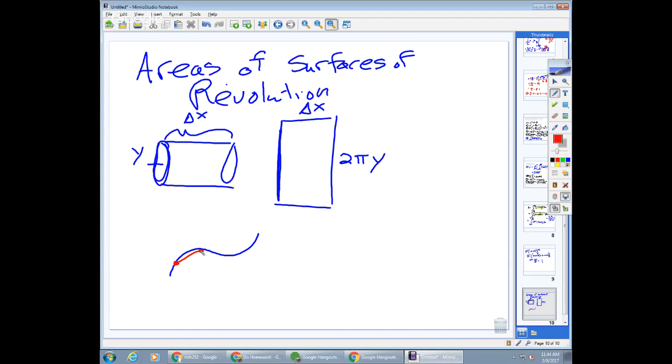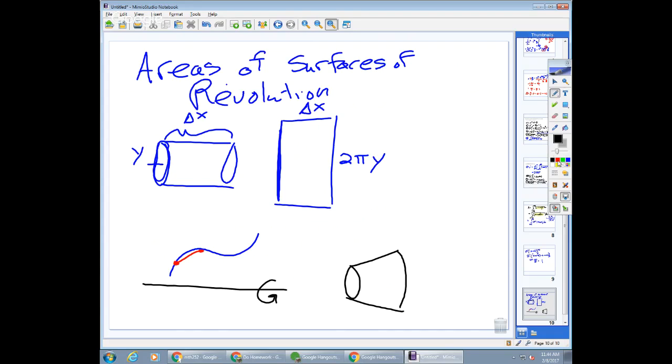And if I then revolve that around an axis like the x-axis, I'm going to generate a piece of a cone, right? If you take a diagonal line, revolve it around an axis, you're going to generate part of a cone. So I'm going to generate something that looks like this.